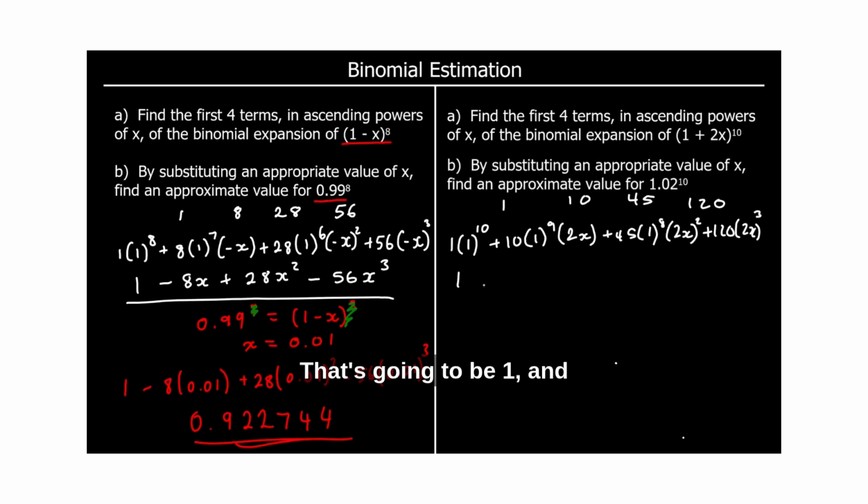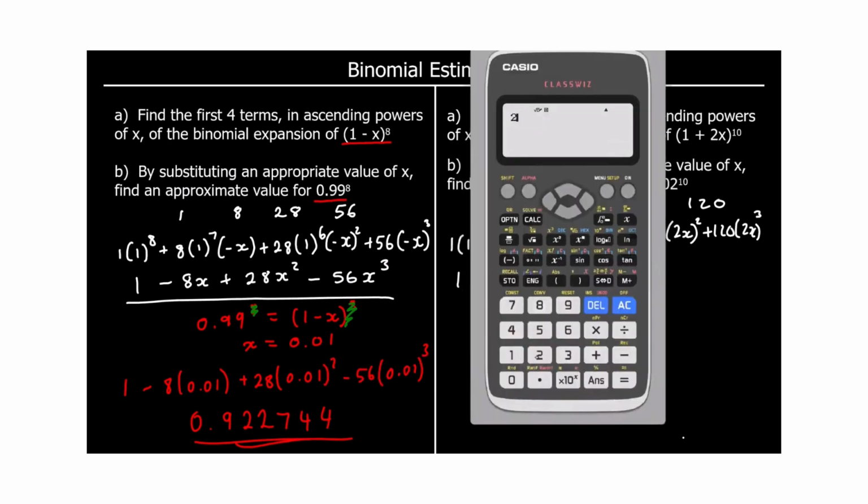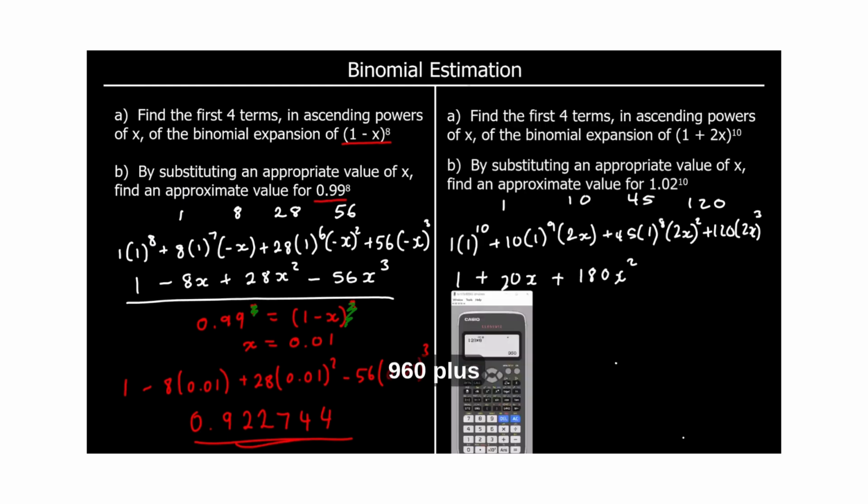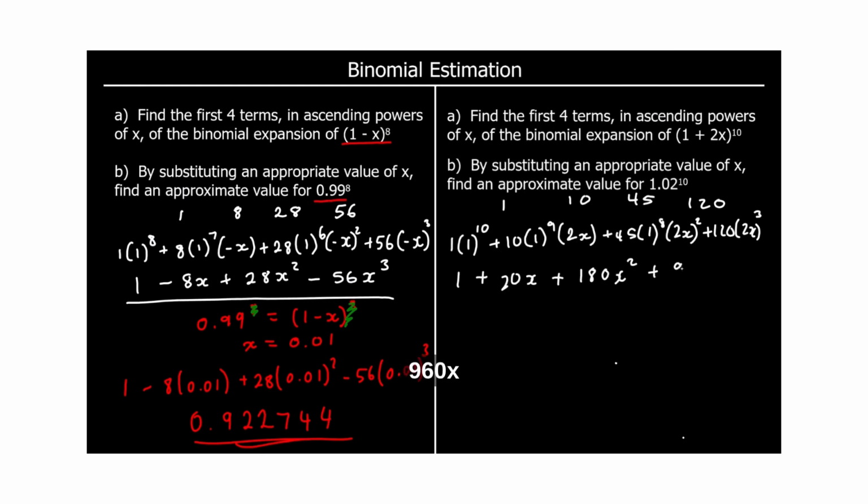That's going to be 1, and then plus 20x plus 180x squared. What's 120 times 8? 960 plus 960x cubed.